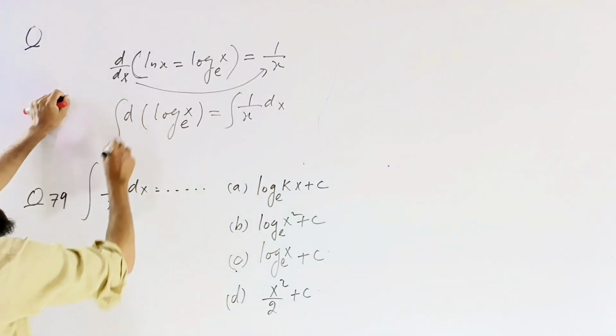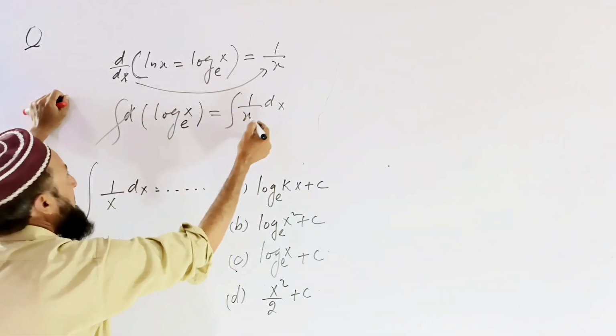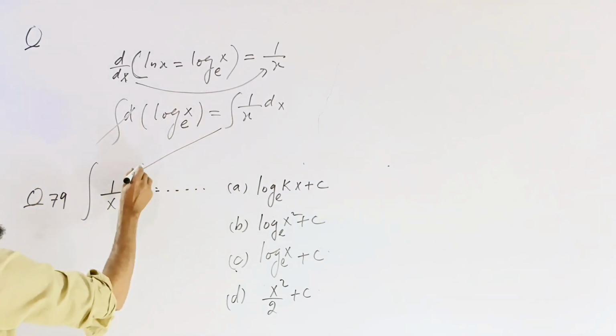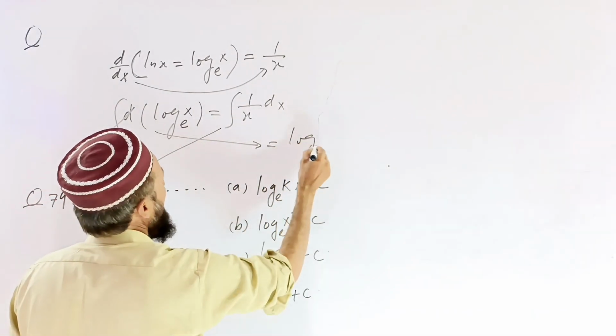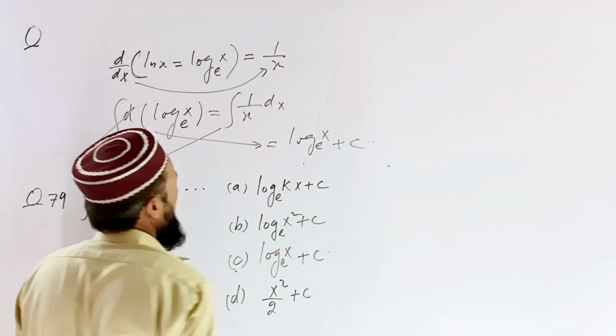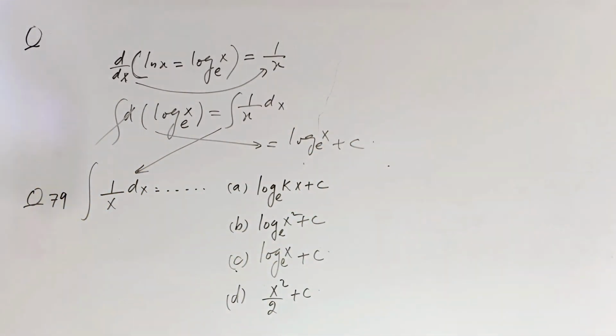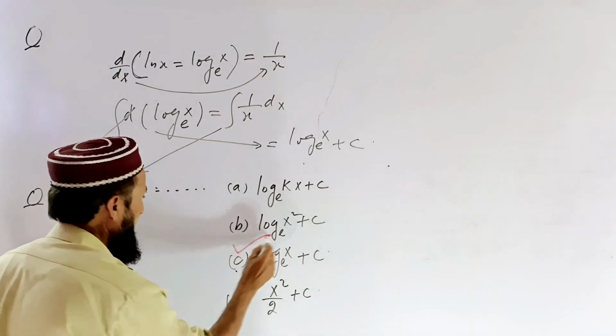Applying integration on both sides, both are cancelled. That way we get the original integration of this one, and this answer will be equal to log of ex plus c. So here we check, option C is the correct option.